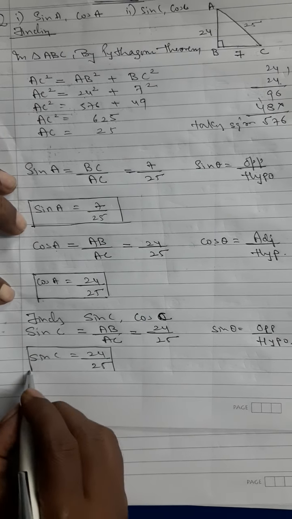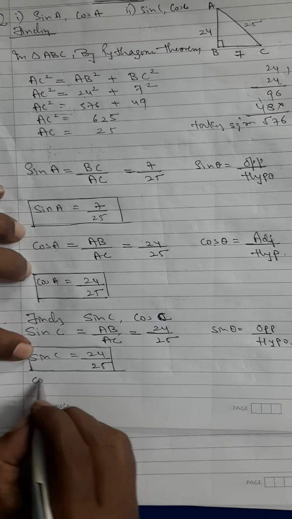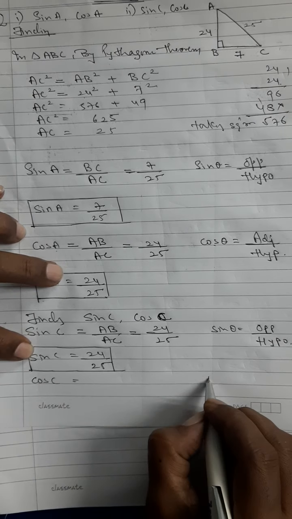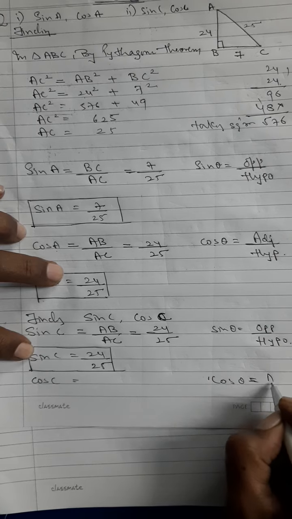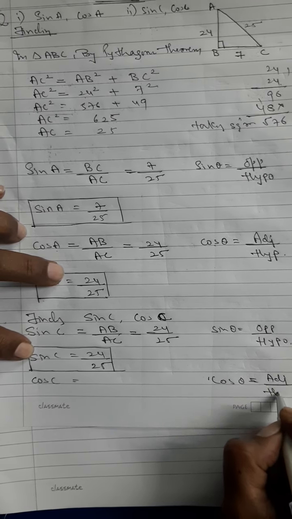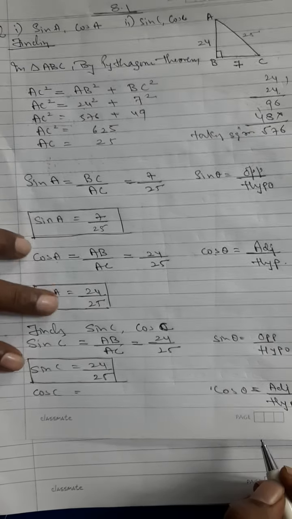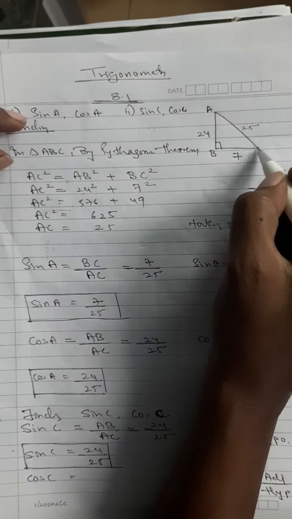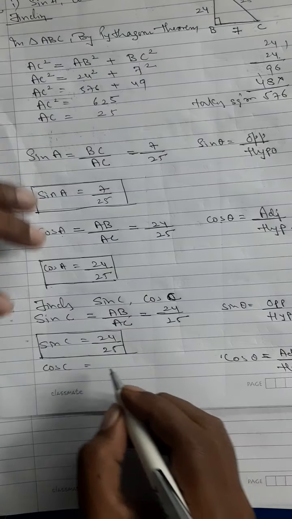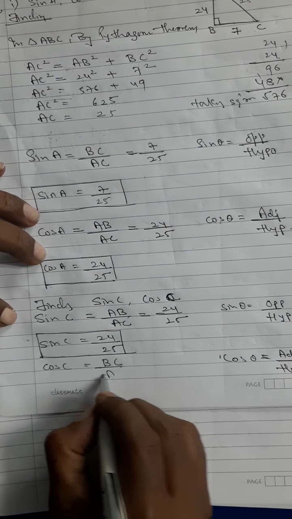Similarly, cos C. Always recollect the formulas. Cos theta is equal to adjacent side upon hypotenuse. So cos C, for C adjacent side is BC upon AC.